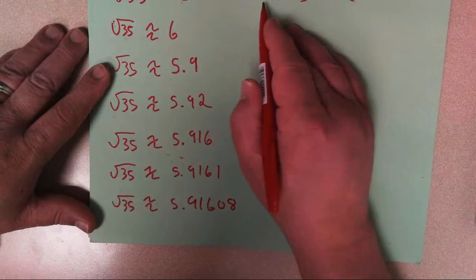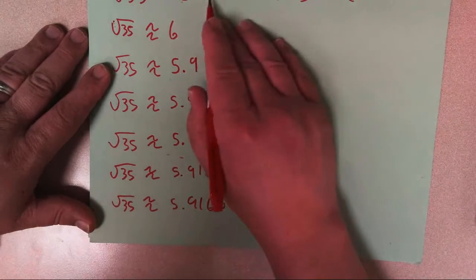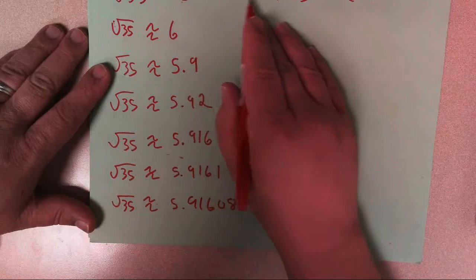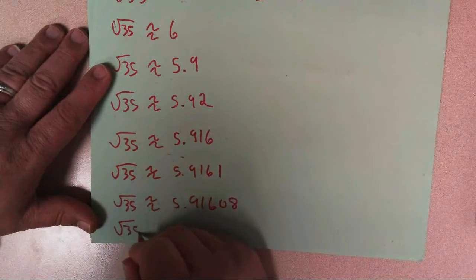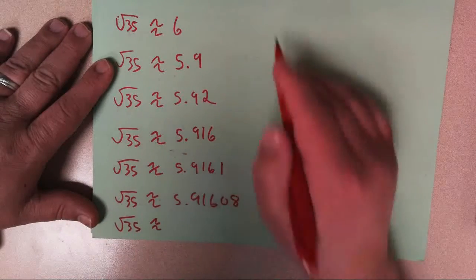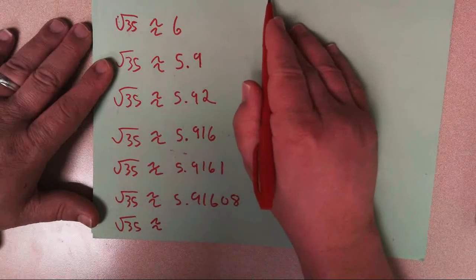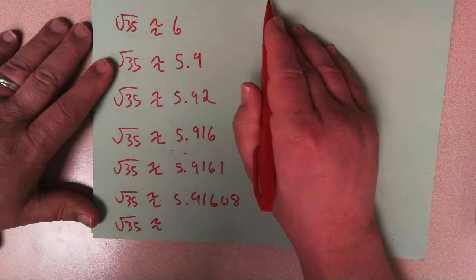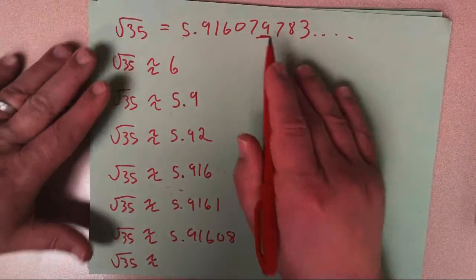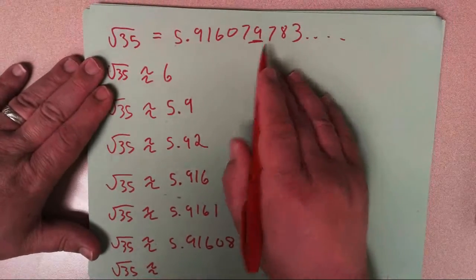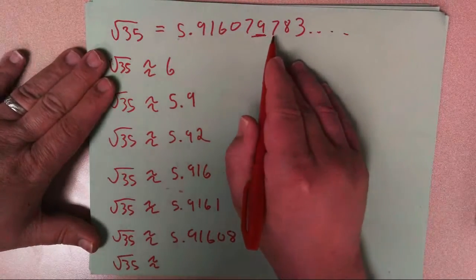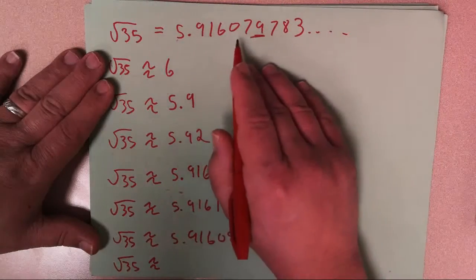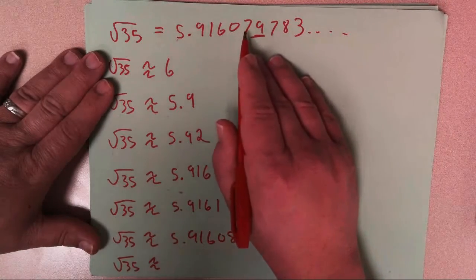And so now, I wanted to go out at least. So let's round this to 6 decimal places, which is this one right here. I wanted to go out there because this is one where you kind of have to carry. So this 7 here is going to round that 9 up to 10, so I'd have to carry and make that an 8.